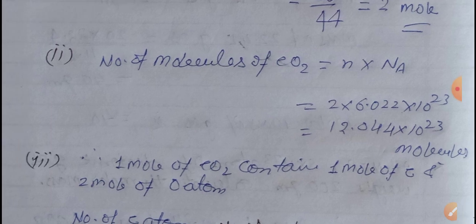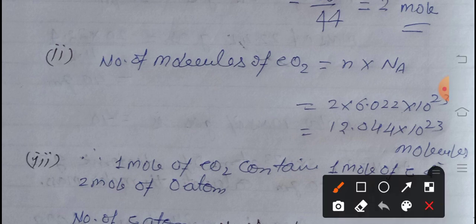Number of particles equals n × Na. So the number of CO2 molecules equals n × Na, that is 2 moles multiplied by Avogadro number 6.022 × 10^23, which gives 12.04 × 10^23 molecules. I hope you have understood it.